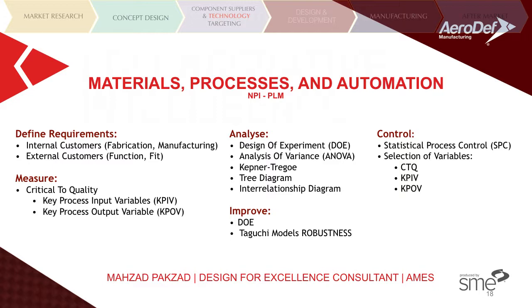But the company plans to use high tech and automation for manufacturing. So the things they can do to help the automated equipment manufacturers are to define the requirements: internal customer fabrication, manufacturing, external customer functions, and what the requirements are for making it manufacturable and for managing the manufacturing operations.